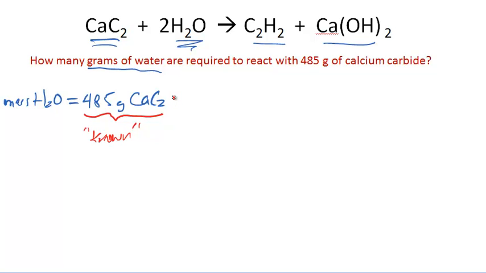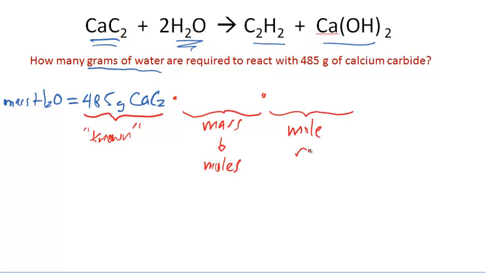Okay, that's what we're given. Then what we need to do is convert this to moles, right? So this is the mass to moles conversion. Then we're going to multiply by the appropriate mole ratio, okay, because we have to follow the recipe given here.